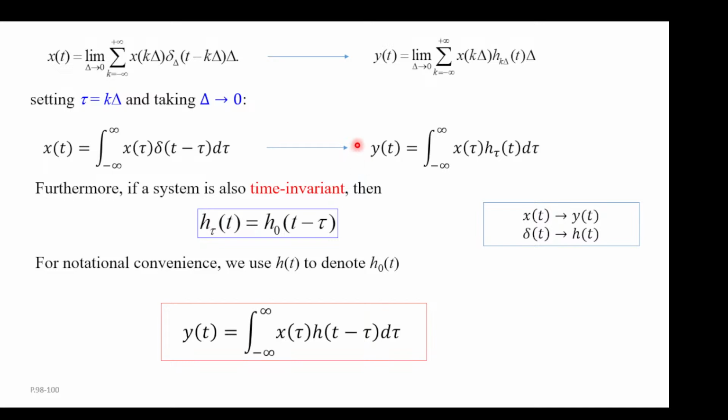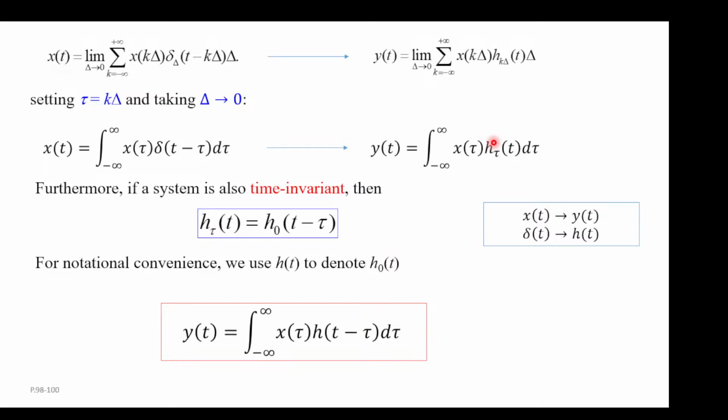So far we are following the discrete time derivation, and finally we said this is time invariant, and so using the fact that the system is time invariant, we can express h sub tau of t basically as h sub 0.